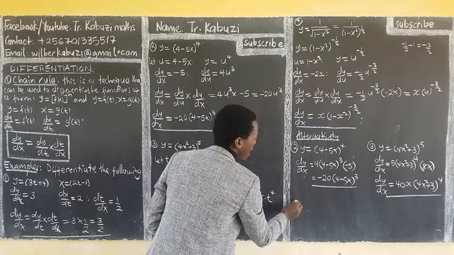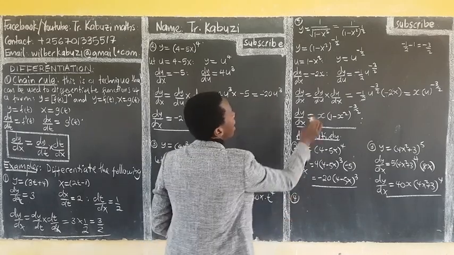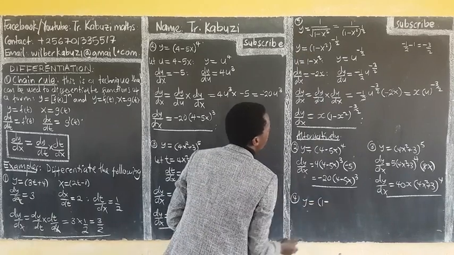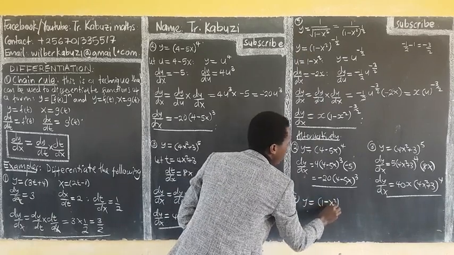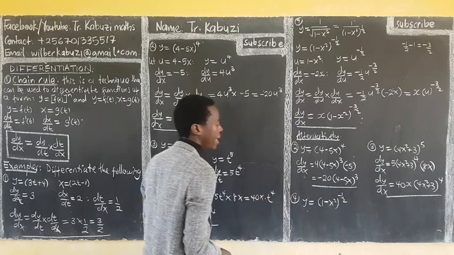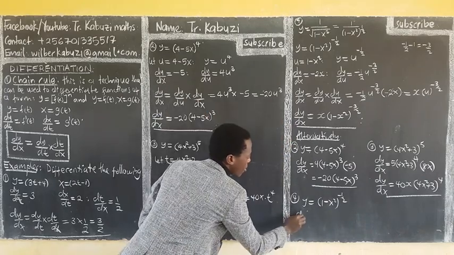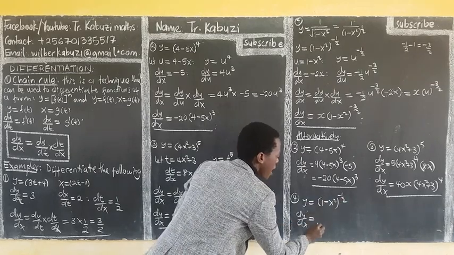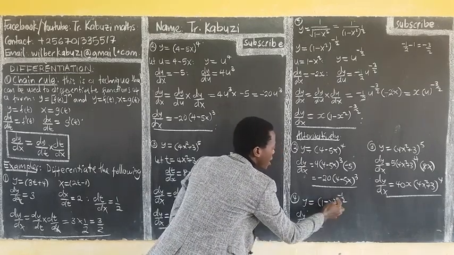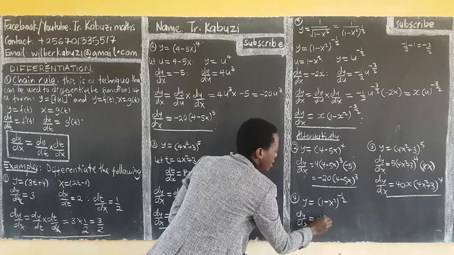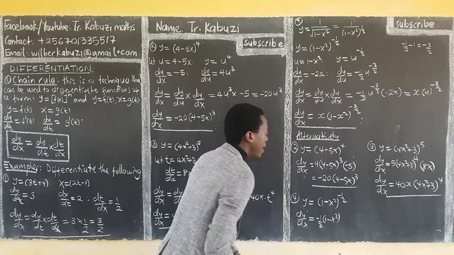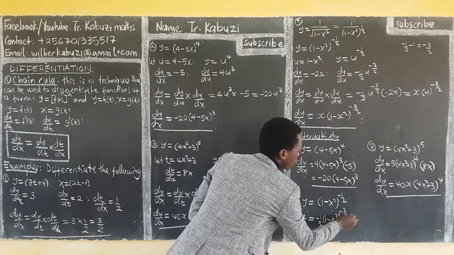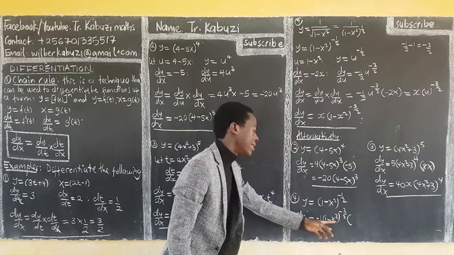When I have that now, number 4, remember the whole of this we said is y equal to (1 minus x squared) power negative half. The same idea. So our dy/dx will be, lower the power, I'll have negative half. Get this power times the bracket, maintain the bracket, reduce the power by 1 and get negative 3 over 2. Then differentiate the bracket.